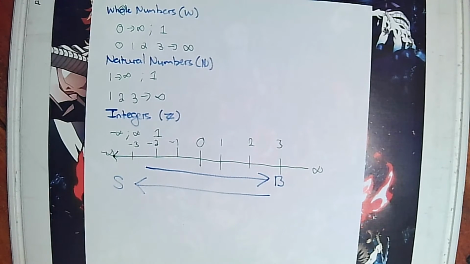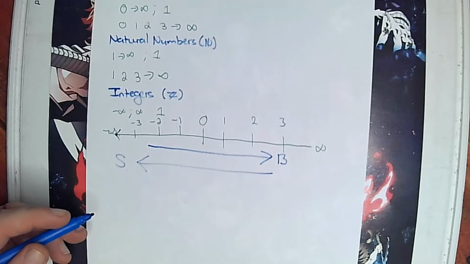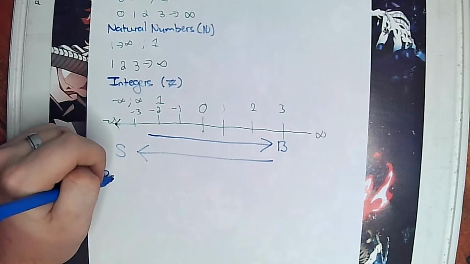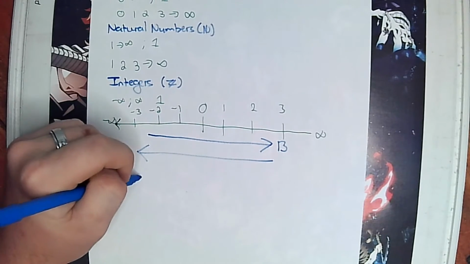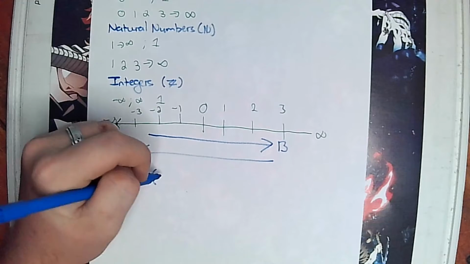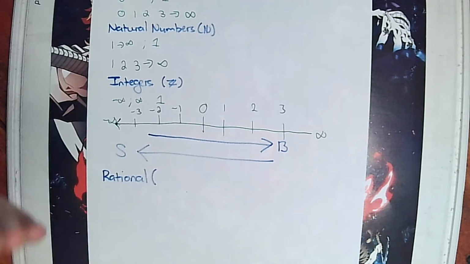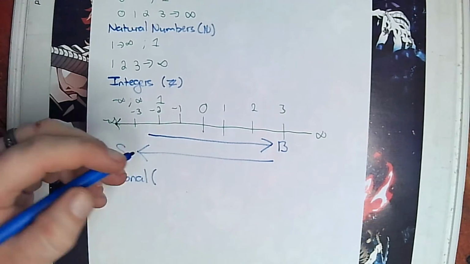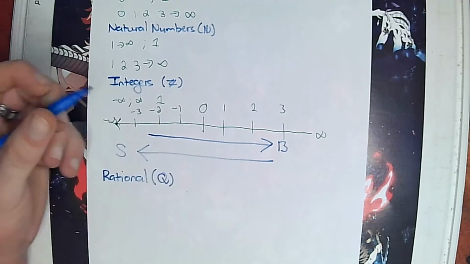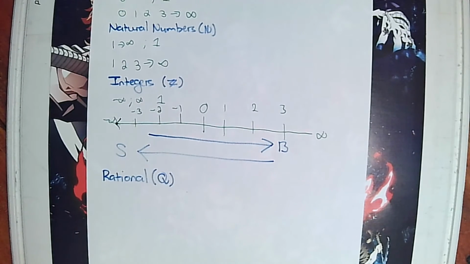The new set of numbers that we're going to be talking about is rational numbers. So what are rational numbers? Well, the symbol that represents rational numbers is Q. But what are they? How do we represent them? Quite luckily, we can represent them algebraically.